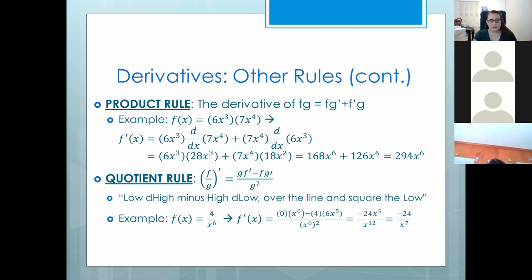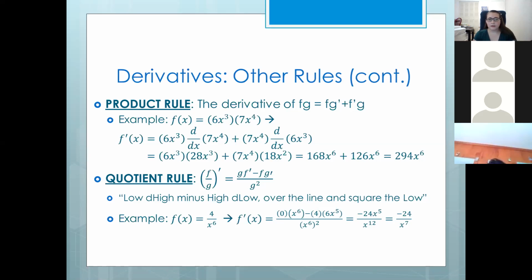So, for example, if our function is 4 over x to the sixth, we want to take the derivative of that. Then we do low, x to the sixth, d high, the derivative of a constant is 0, minus high, 4, d low, the derivative of x to the sixth is 6x to the fifth, over the line and square the low.